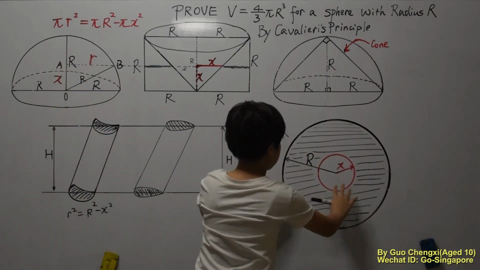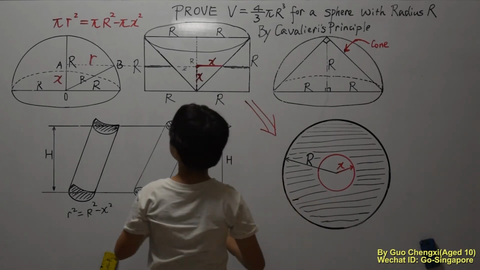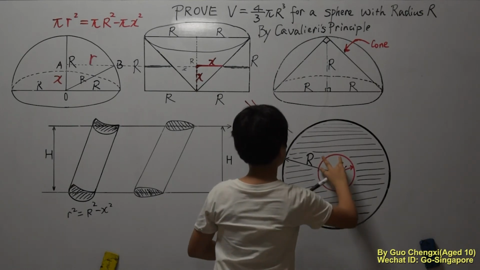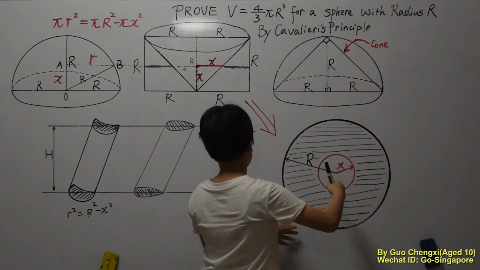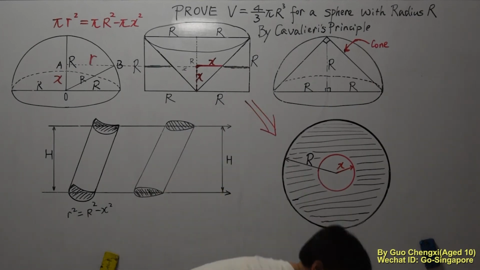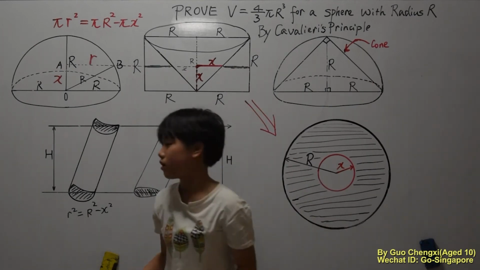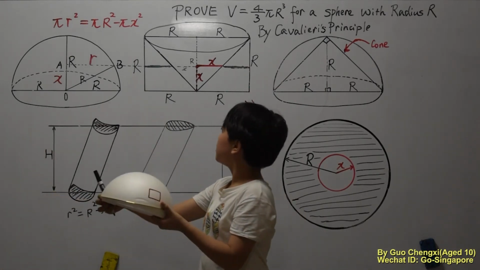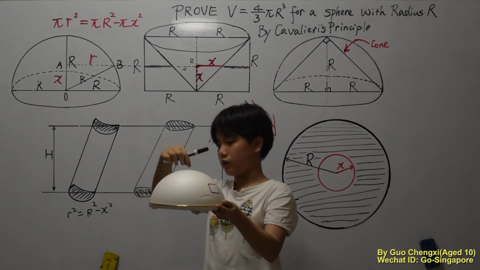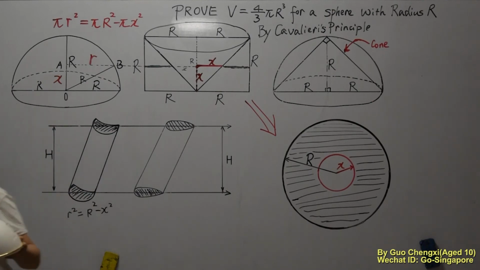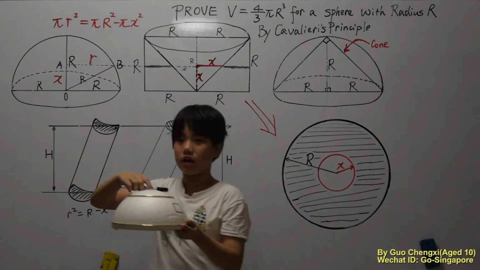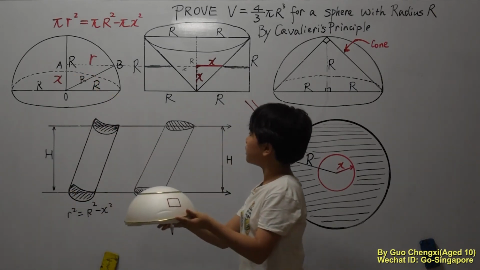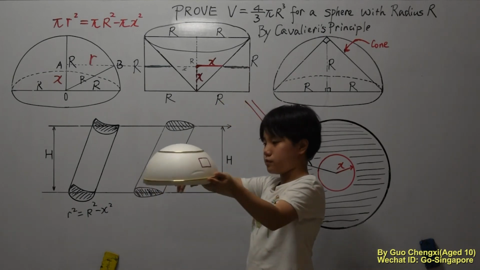just this whole thing minus this part. Okay, so basically this whole big circle minus this small circle will become this thing, like the ring. So this would be the small r for this part, and this is the x for this part, and the capital R goes until this end.